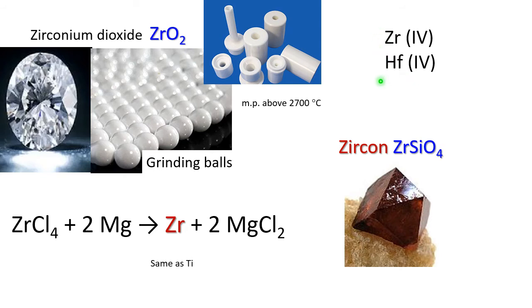So there is a special, very complicated separation procedure. Zirconia, zirconium dioxide, should not be mistaken with zircon, bright red zirconium silicate, which actually was known for millennia and gave name to the element itself.